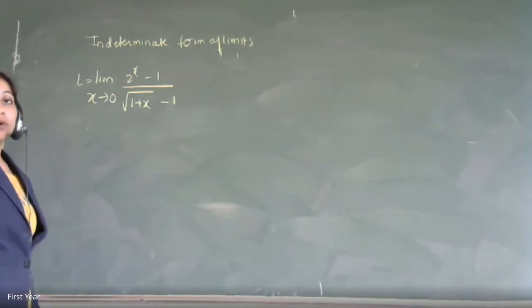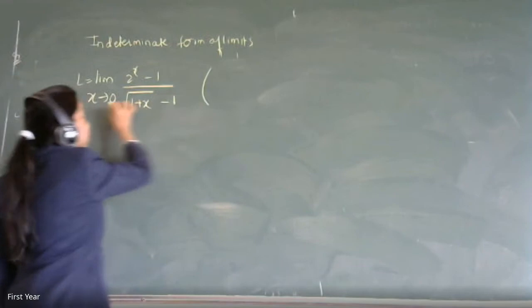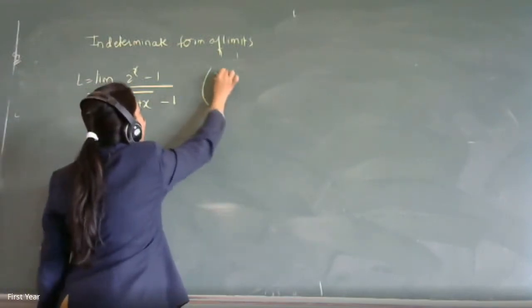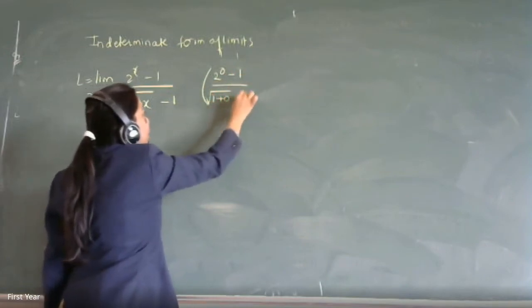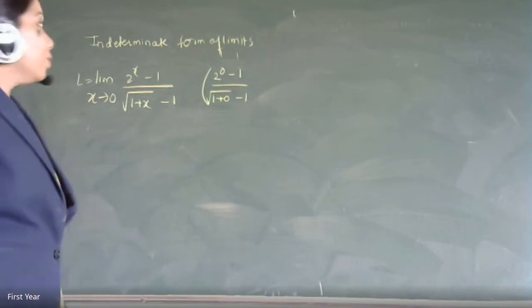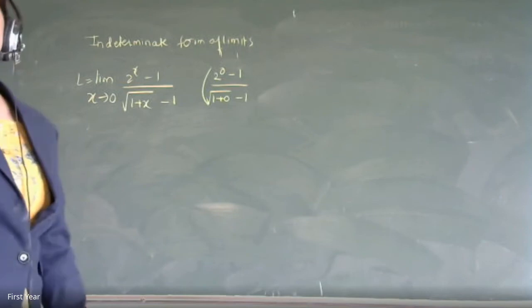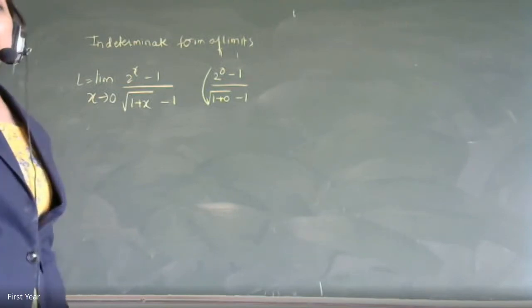Okay. So how do we evaluate any limit of this type? You put x is equal to 0. So you get 2 raised to 0 minus 1 upon root of 1 plus 0 minus 1. When I put this value, 2 raised to 0, anything raised to 0 is 1. In the denominator we will get 0, so the answer will be infinite.